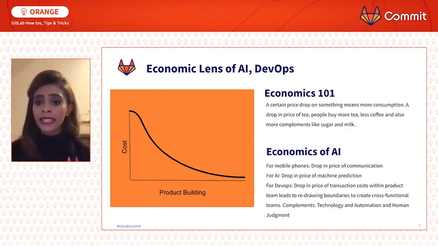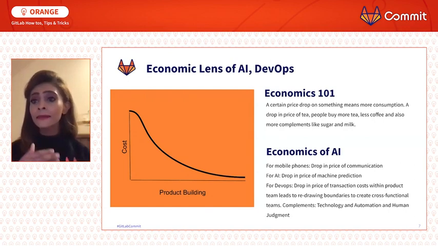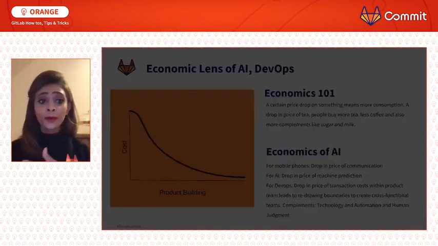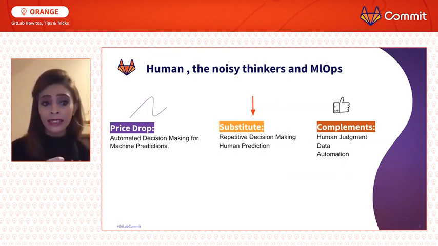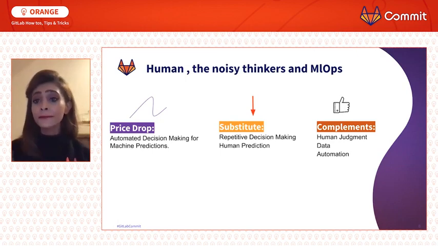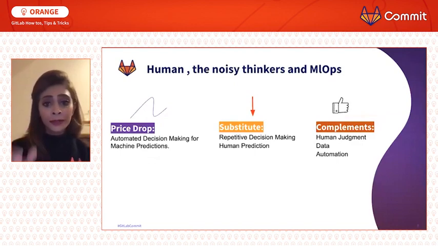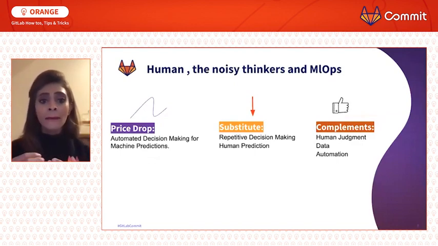For DevOps, it's the price drop in transaction cost in building technologies to create cross-functional teams, and a little bit similar to AI, the complements are automation and human judgment. When we look at MLOps, we see a price drop in automated decision-making for machine predictions, which substitutes for repetitive decision-making and human prediction, and it's complemented by human judgment, data, and automation.